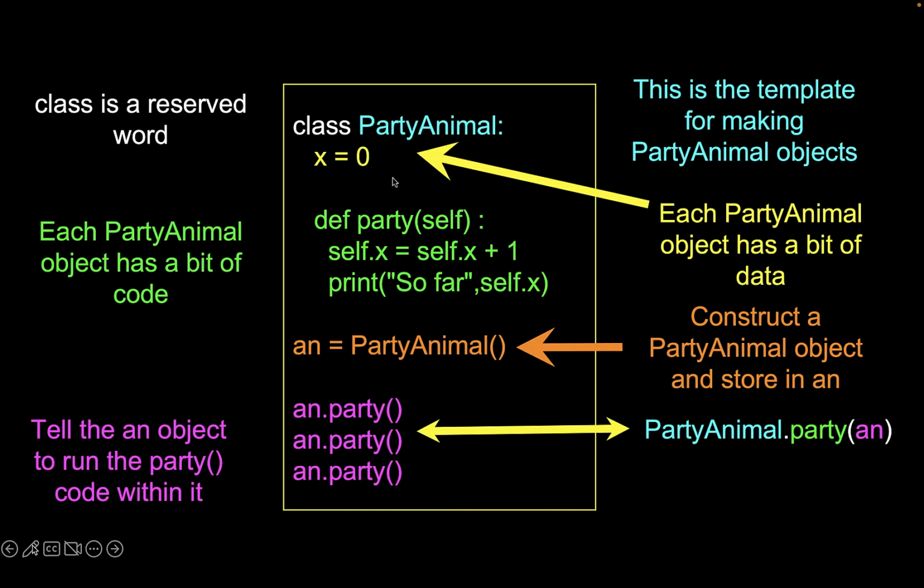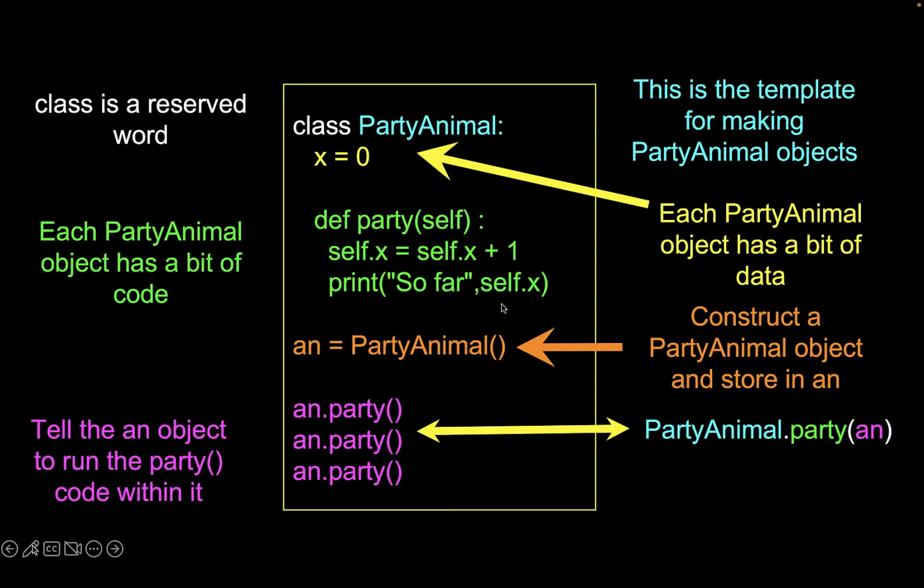So over time, if we call party on instance 1 4 times and we call it on instance 2 1 time, well then the X in instance 1 is going to be equal to 4, and the X in instance 2 is going to be equal to 1. So there's one set of these instance variables per instance. That's why we call them instance variables.